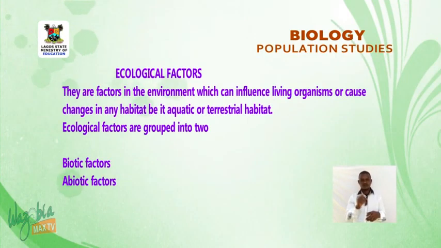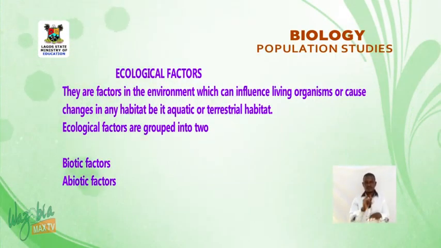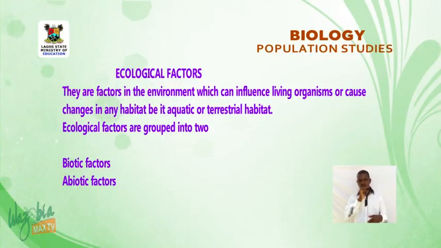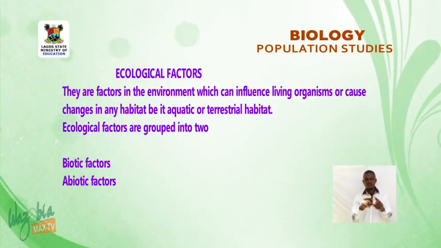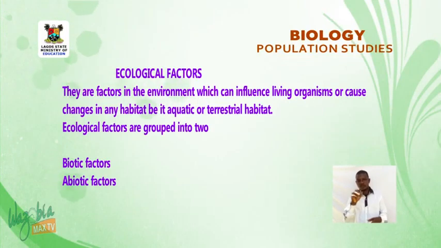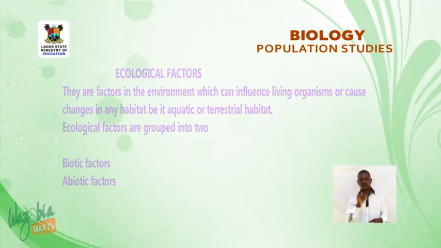Ecological factors. There are factors in the environment which can influence living organisms or cause changes in any habitat, be it aquatic or terrestrial habitat. Ecological factors are grouped into 2: biotic factors, abiotic factors.